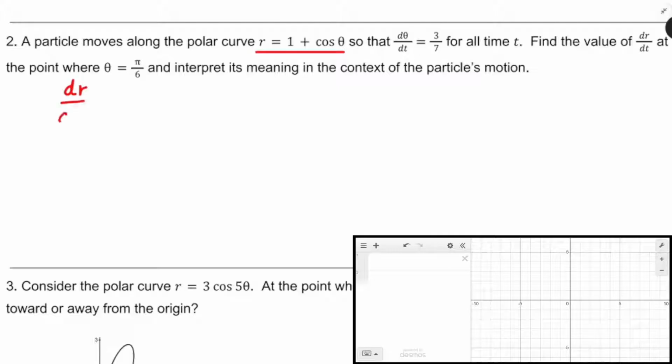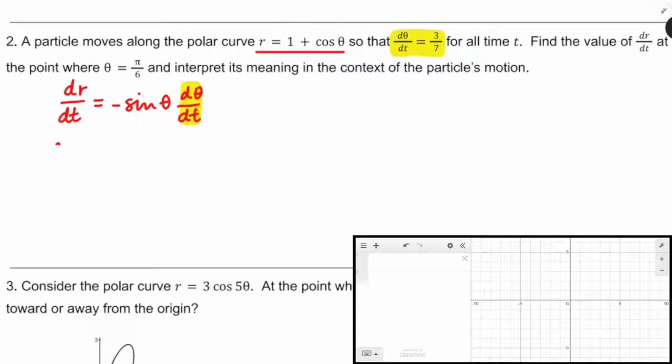So dr dt is going to equal the derivative of 1, which is 0, the derivative of cosine theta, which is negative sine theta, and the derivative of theta, which is d theta dt. And we're going to use that d theta dt equals 3 over 7 to substitute for that. Then we'll find the value of dr dt at the point where theta is pi over 6.